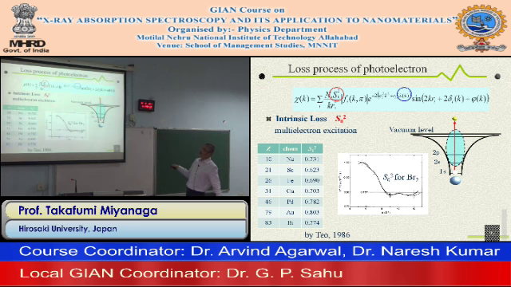This comes from multi-electron excitations. There are many electrons inside the atoms. The 1s electron goes to the continuum state, but other electrons go to other shells. But we summarize this complicated system in just one parameter.